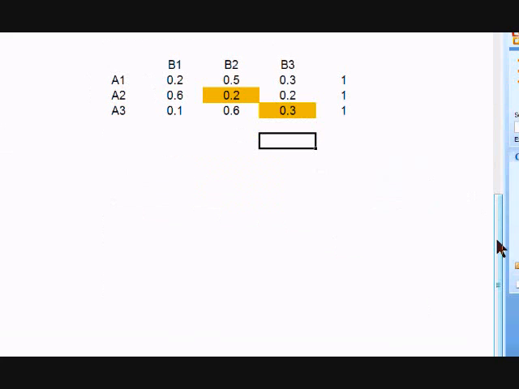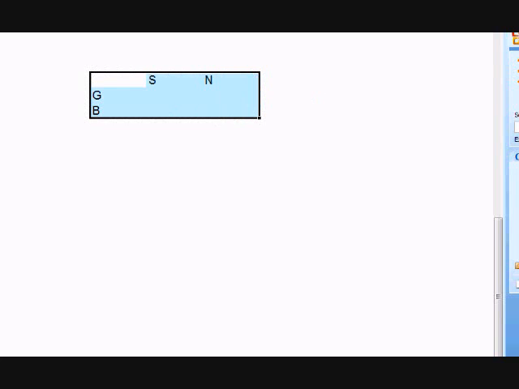Alright, so first we have our conditional probabilities. So first we have good credit, bad credit. And over the top we have our steady job and no steady job. So we'll set this up, go ahead and center those like we did a minute ago. And what did our data say?